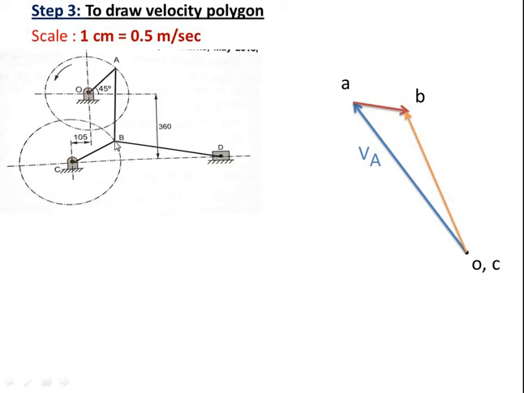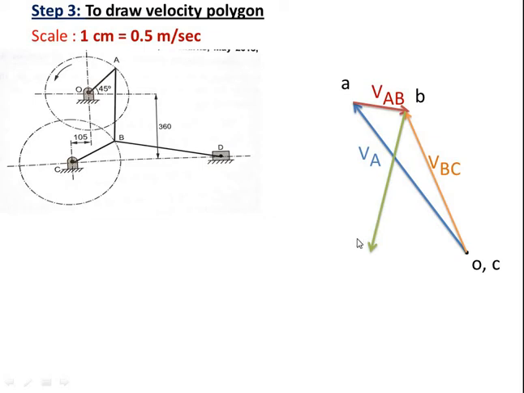After coming up to point B, we will go to link BD. The velocity vector of BD will be perpendicular to BD from B. So from point B perpendicular to BD, we will draw a vector which is the velocity vector of BD.